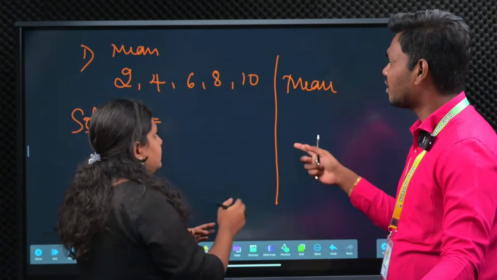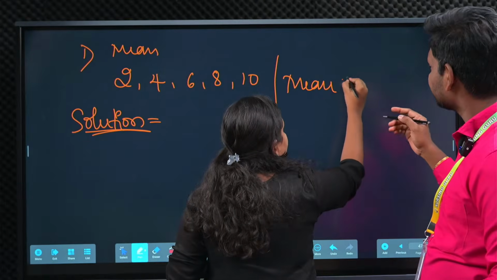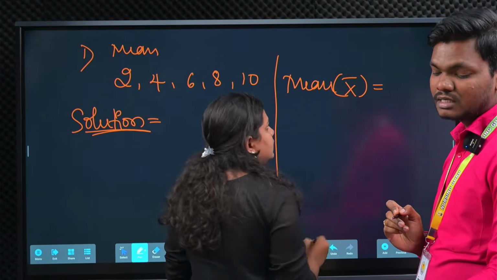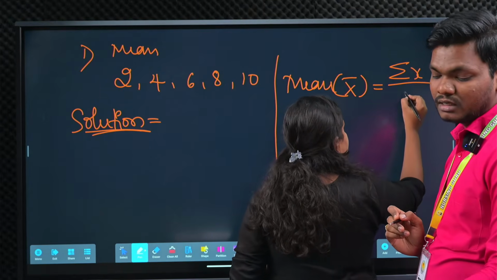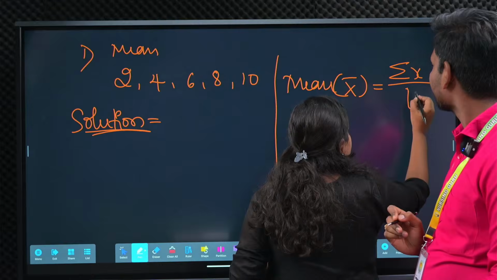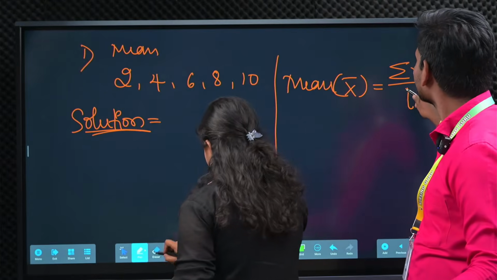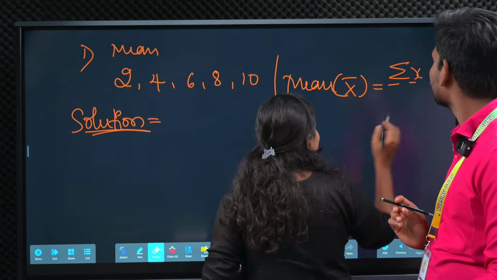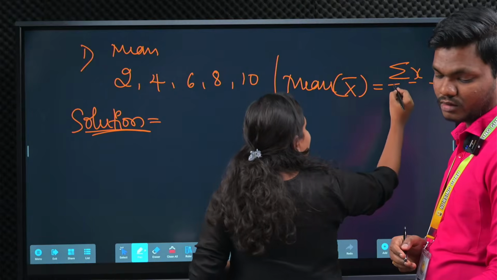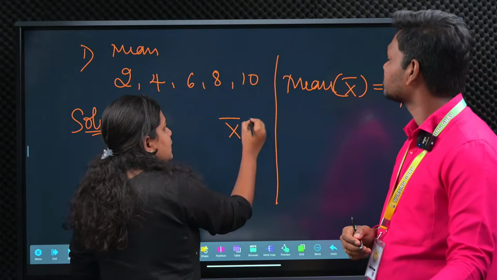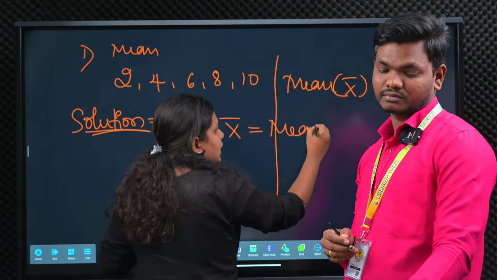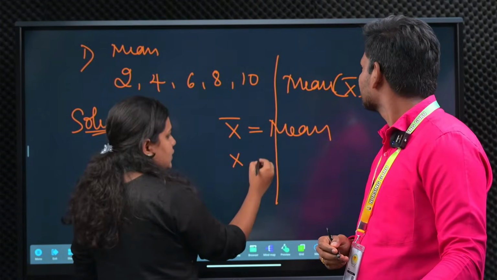So the mean formula: x bar equals sum of all values divided by the number of values, capital N. See here, x bar stands for the mean. Then you should know what the others are.